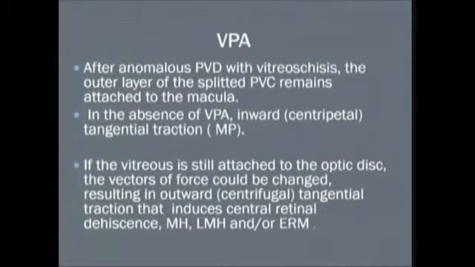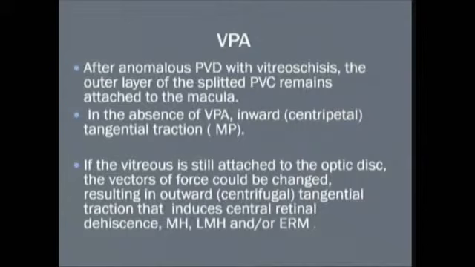There is also an important terminology, which is vitreopapillary adhesion. After anomalous PVD with vitreoschisis, there will be splitting of the posterior vitreous cortex layers. In the absence of vitreopapillary adhesion, the vitreous is not attached to the optic disc, so there will be inward tangential traction, what we call centripetal.